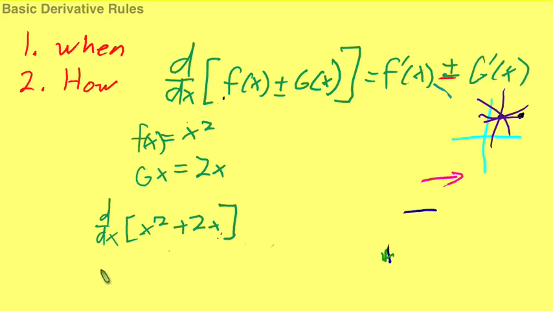So we would take this as the derivative of x squared plus the derivative of 2x. Now you can check these using the rigorous definition, but that's going to come out to 2x plus 2. You can either do this separately and add them together, or you can put in x squared plus 2x all at once, which is more difficult, but you can do it. So that's the additive rule, as it's typically called.